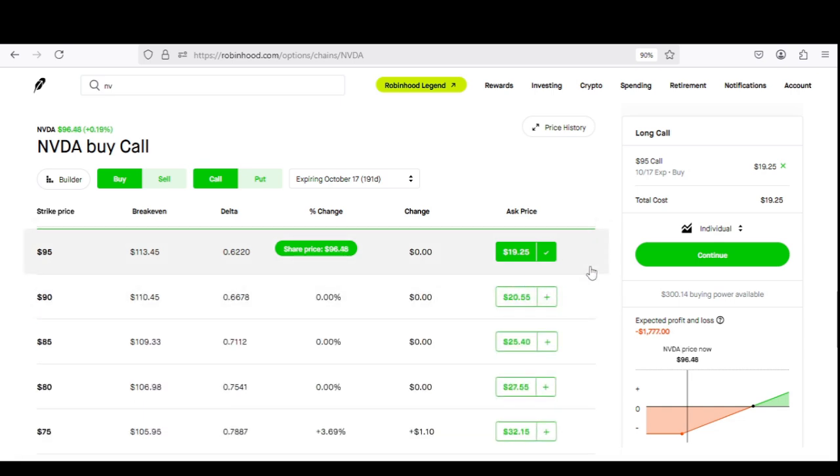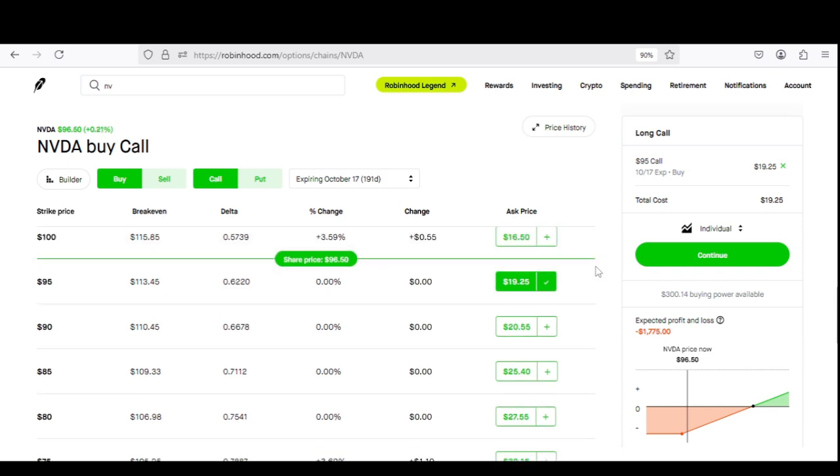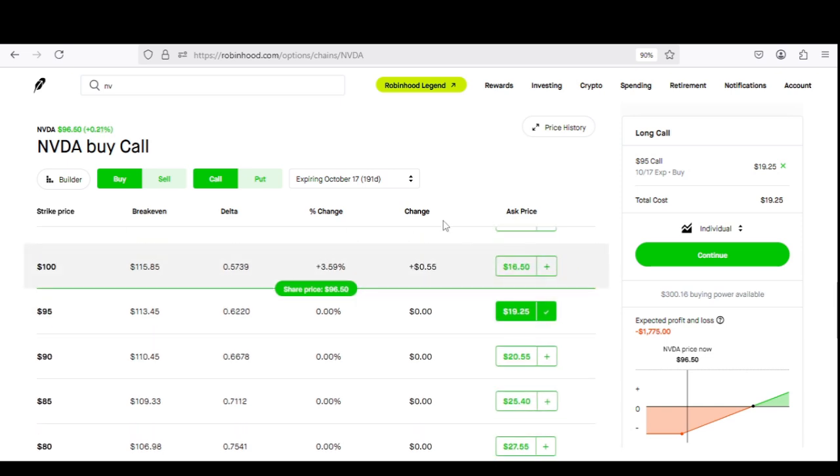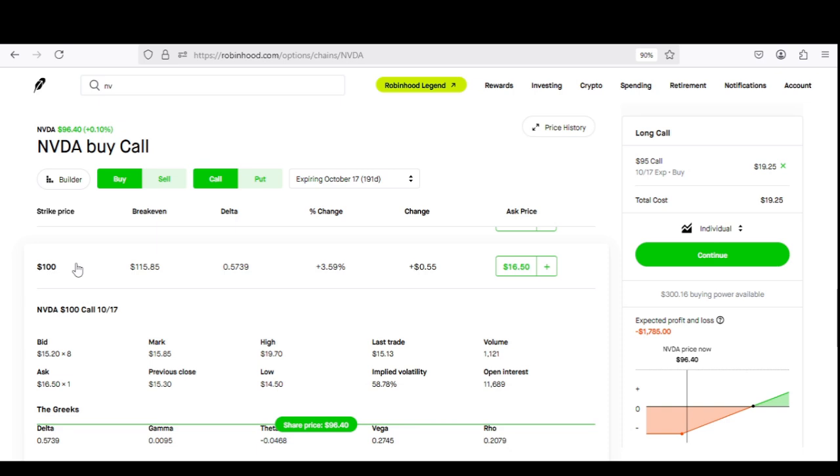Now, let me go ahead and show you one more thing. Before the bear market, most people thought that this was the perfect strike price and Nvidia would not be going below this. And you can see that by going into the Greeks once again. The open interest here is almost 12,000. So, 12,000 people are thinking this strike price right here of $100 expiring October 17th is very good value for $16.50.